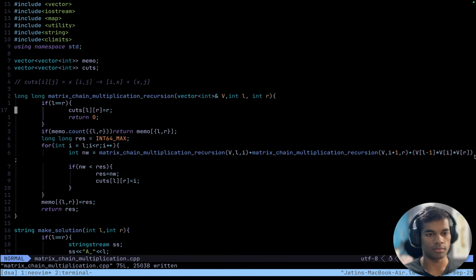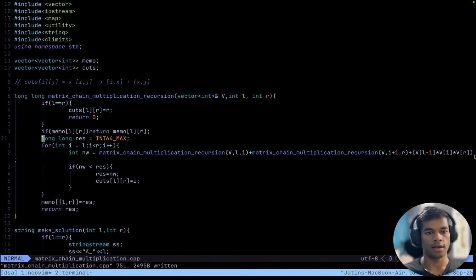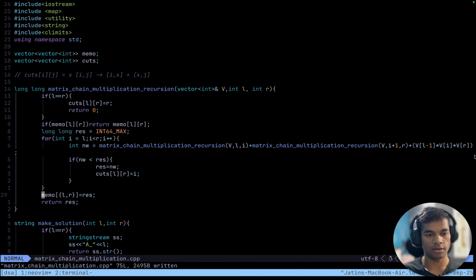I just have to change this: if memo L R, then return memo L R. We have L and R as our variables, and internally also just memo L R equals rest.